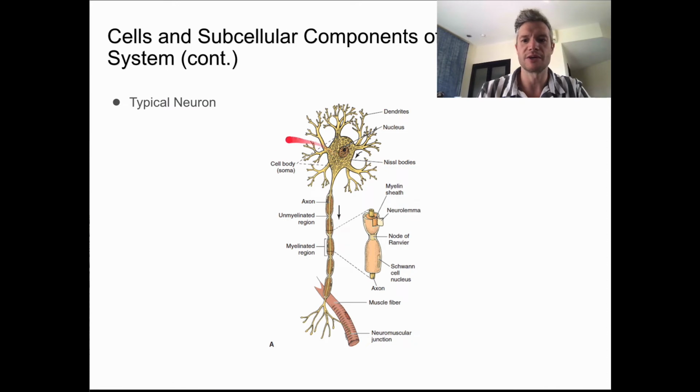And of course, here's our multipolar typical neuron. Here's all the dendrites or the branches closest to the cell body. So we get information in on this end. Once the action potential occurs at the axon hillock, we'll get an action potential down the axon to the terminal end of the neuron.